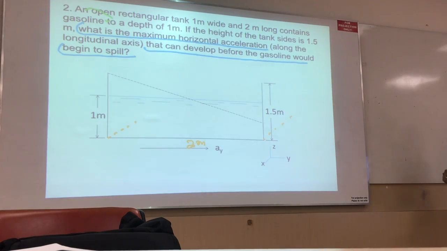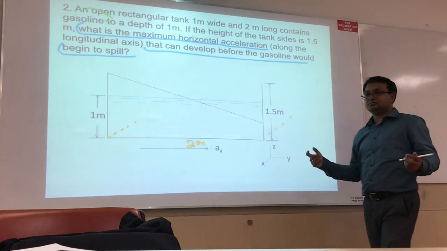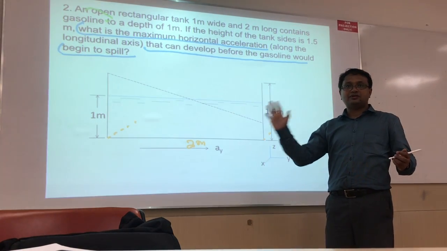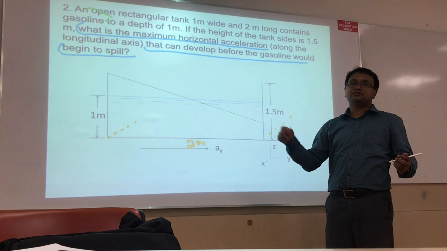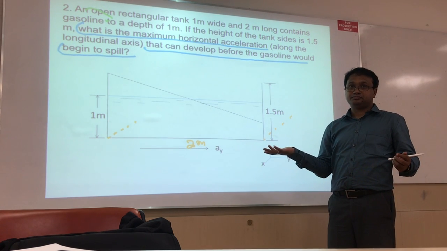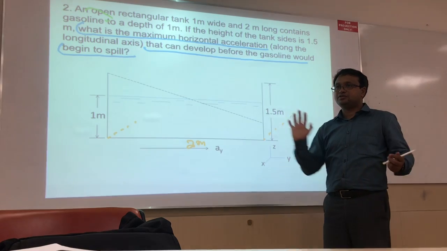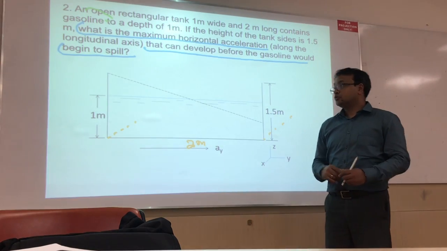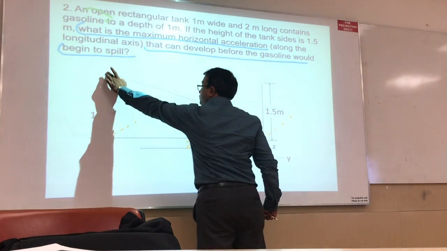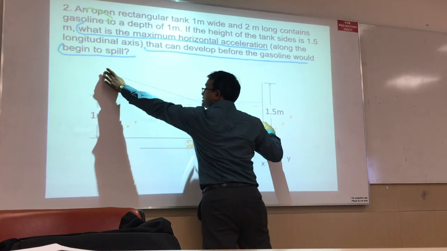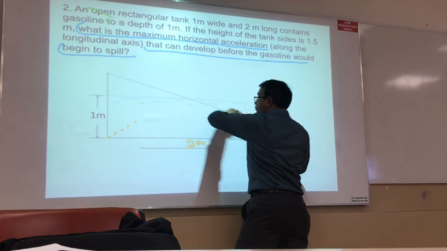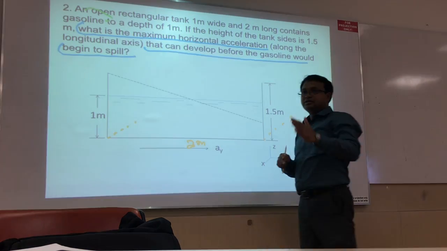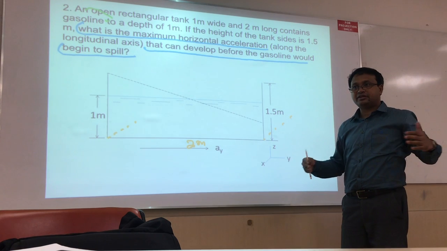Now, what can I write here? When I push, I apply some force, right? That means pressure also changes. There is force, there is pressure. So what can I see? When I look at this line, the level of water doesn't change, which means the pressure is constant here.